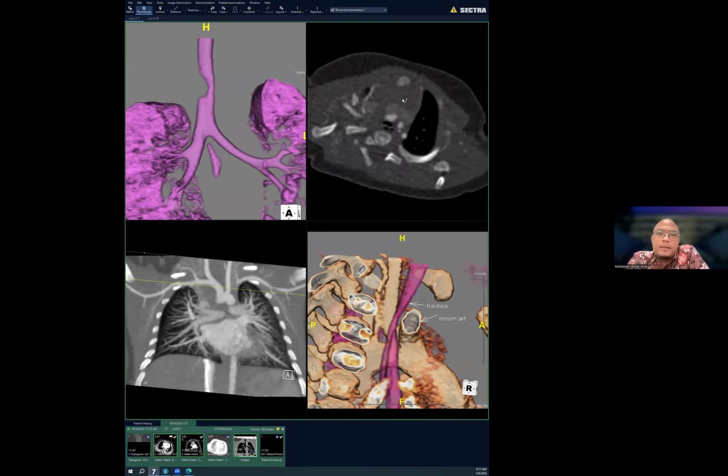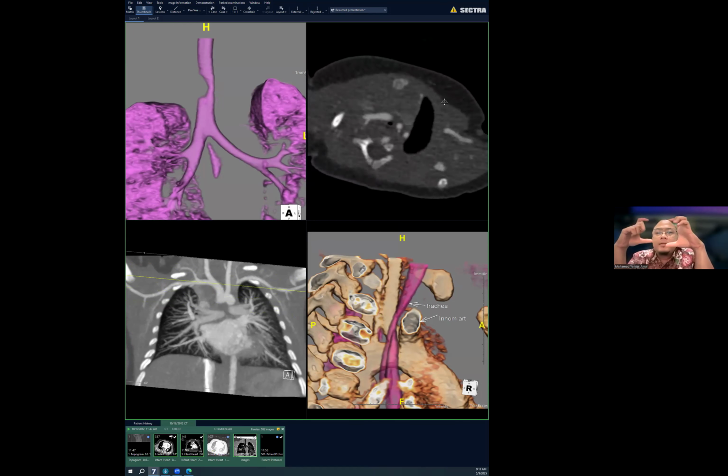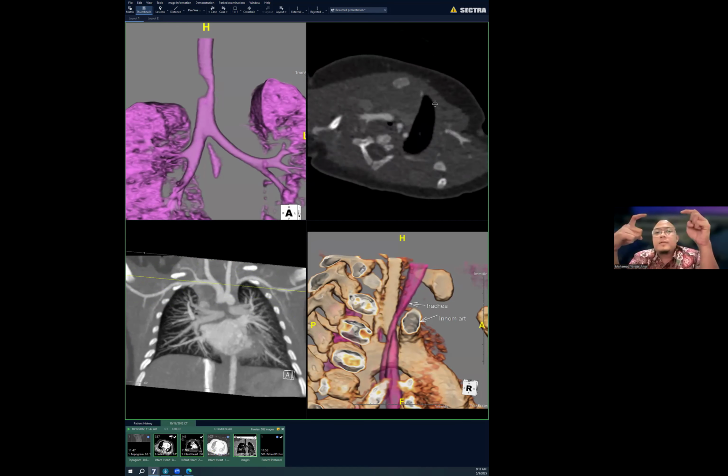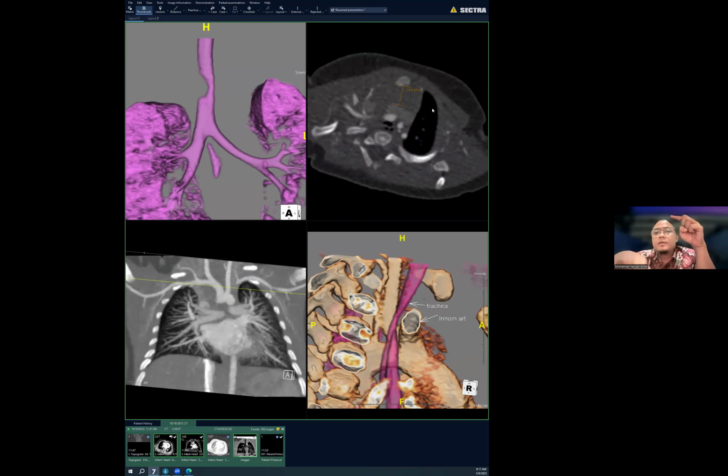Is there any hypodense structure? Usually, when we see the patient in the axial image, the brachiocephalic, also the innominate vein, is near to the manubrium sterni. Yes, that's true.